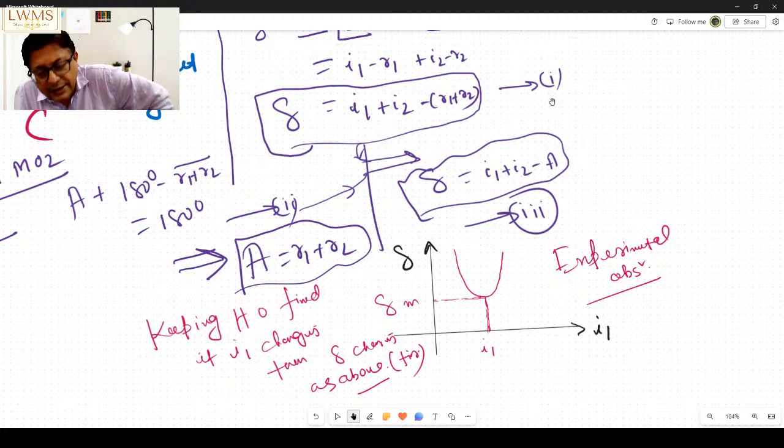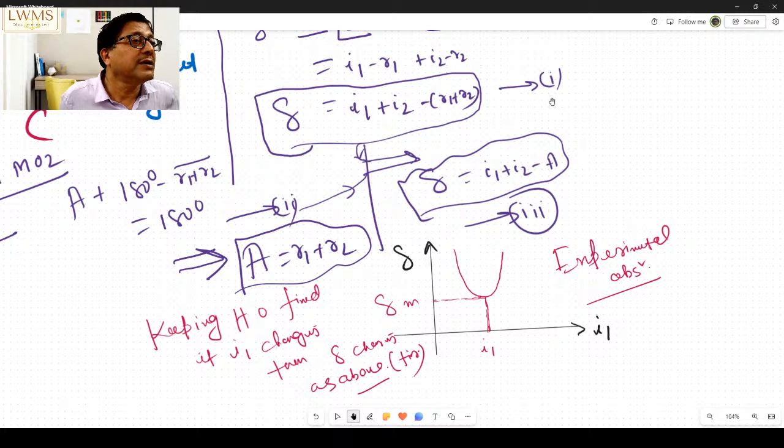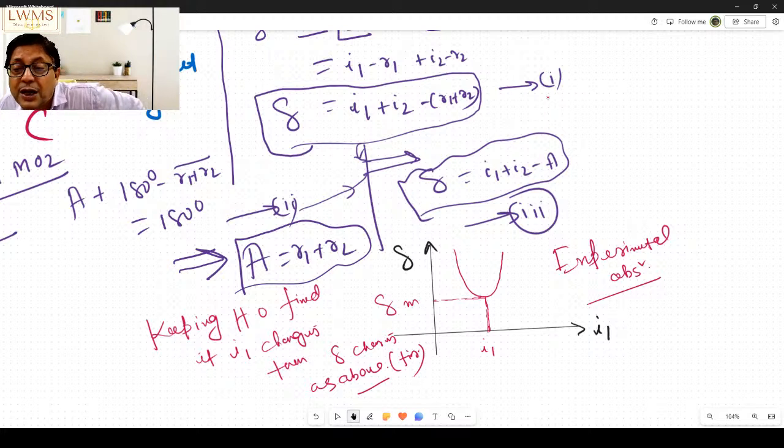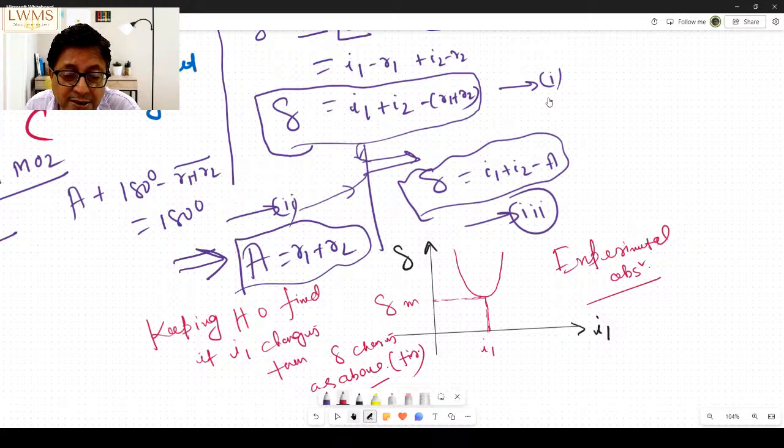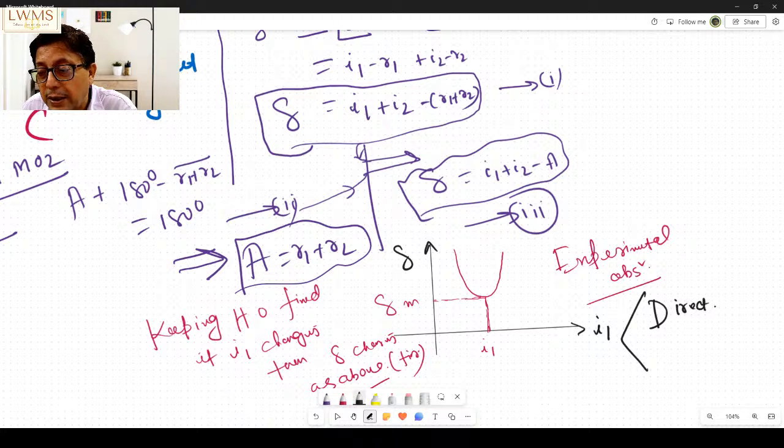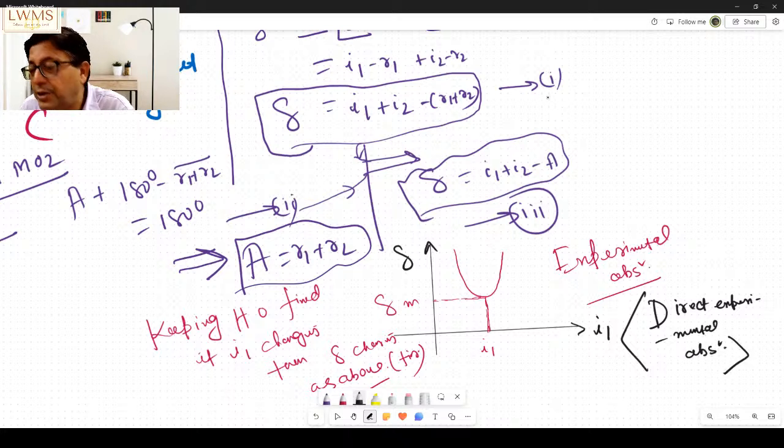So initially delta decreases as I1 increases, it attains the minimum most value, and then its value again increases with I1. And please remember that this is a direct experimental observation.